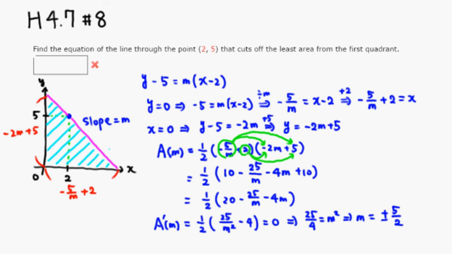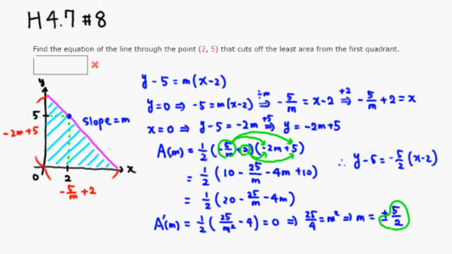So we know that we're talking about the negative slope, m equals -5/2. Therefore the equation is y minus 5 is equal to -5/2 times (x minus 2).